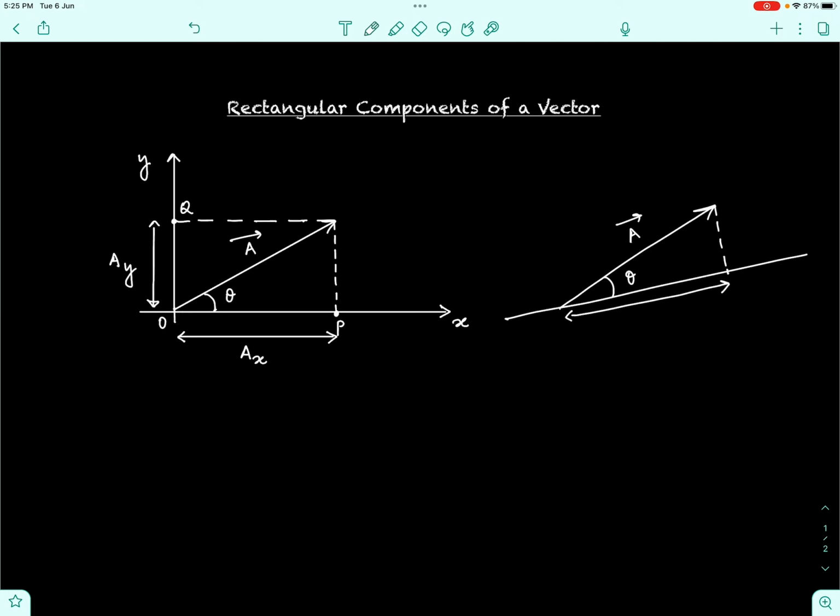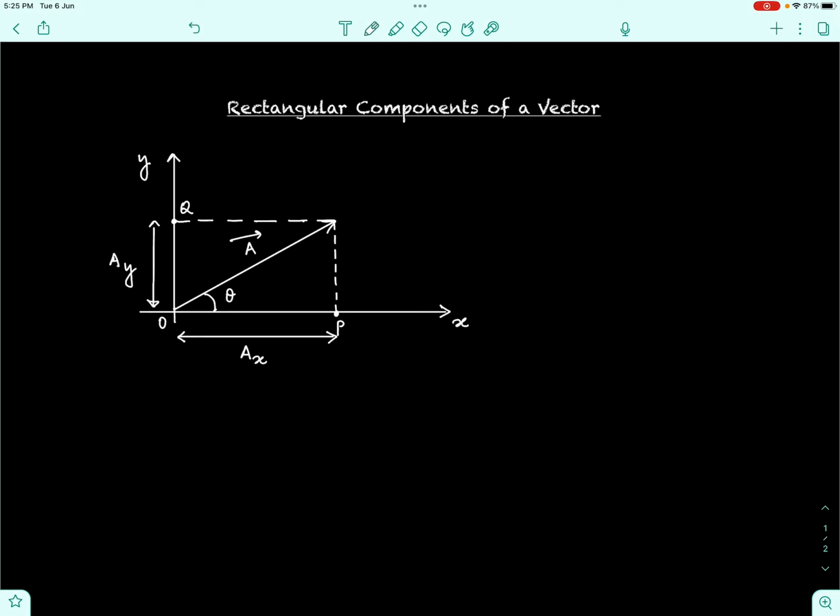Okay. So, these two components that we have obtained, the component of vector A along the x axis and the component of vector A along the y axis, are a special type of components, we will see why. But see that these two components themselves are perpendicular to each other, aren't they?